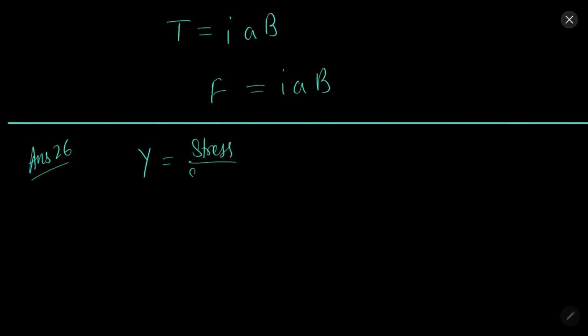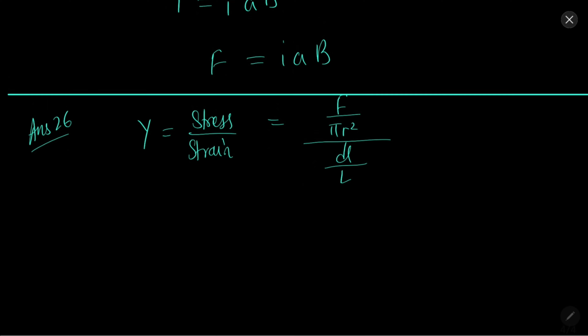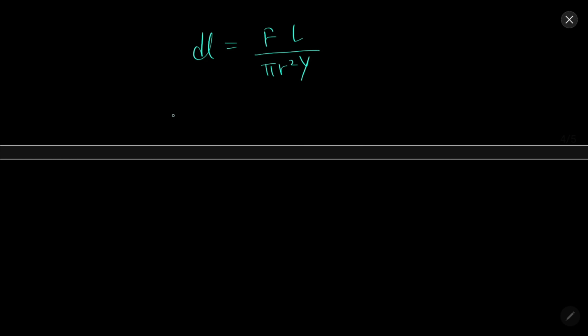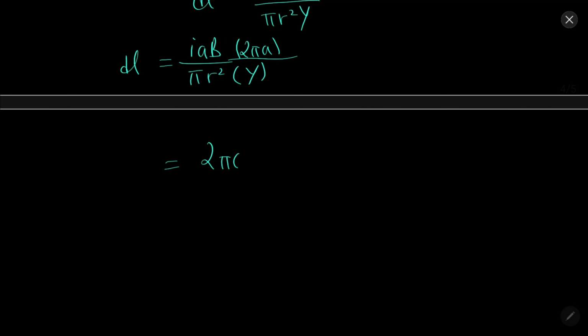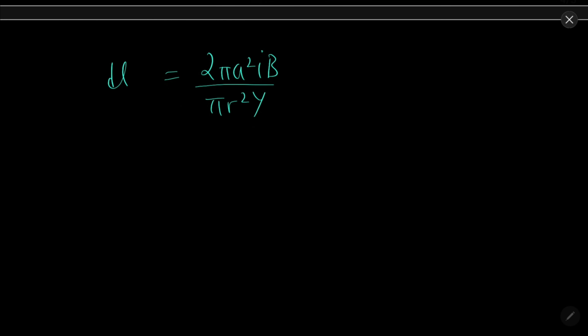So stress over strain, force upon area, change in length over original length. dl will be FL over pi r square into Y. Now putting the value, I a B, pi r square, 2 pi a over Y. So 2 pi a square I B over pi r square Y. For small length, 1 by 2 pi.